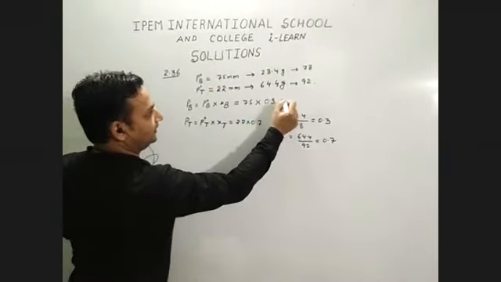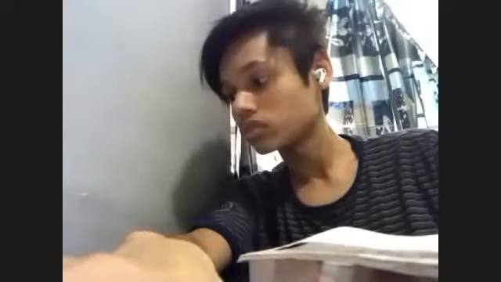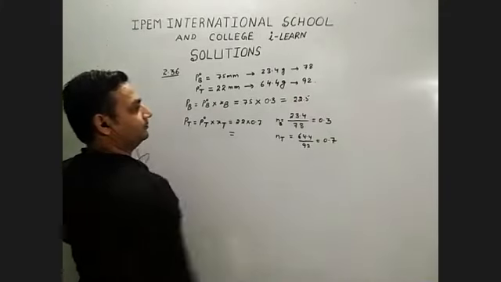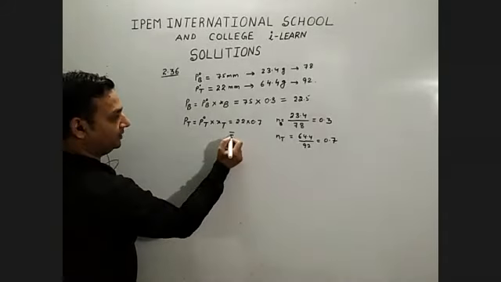And 75 into 0.3 is 22.5. Then 22 into 0.7 is 15.4.